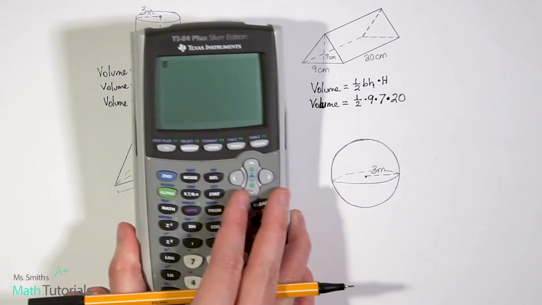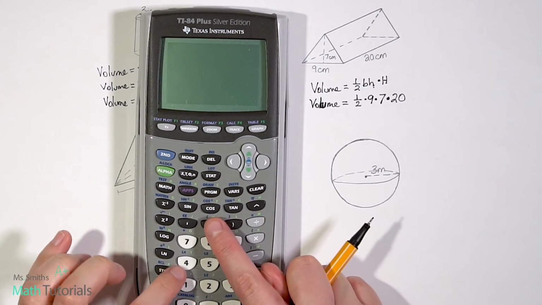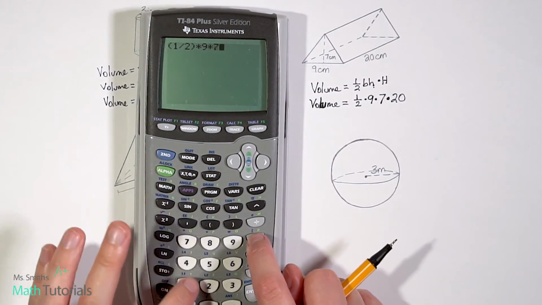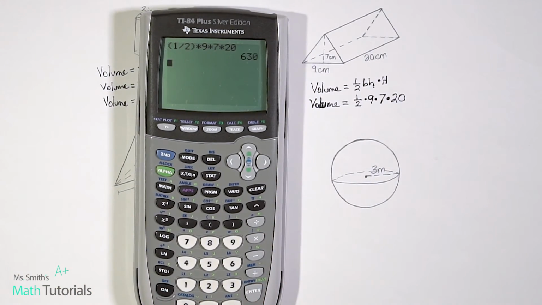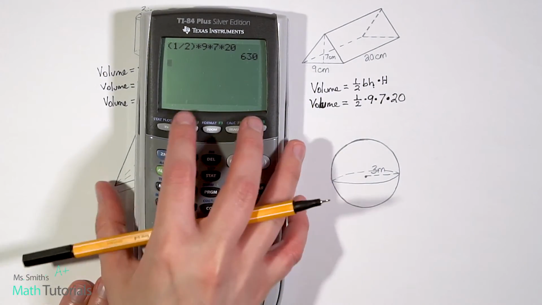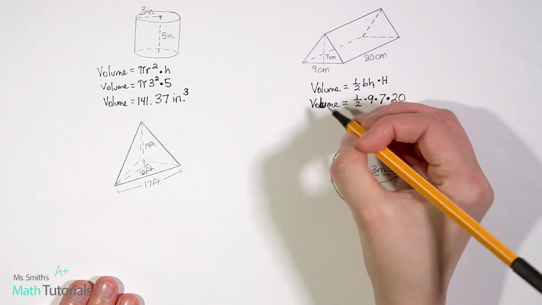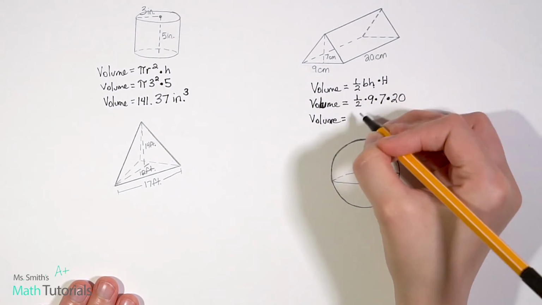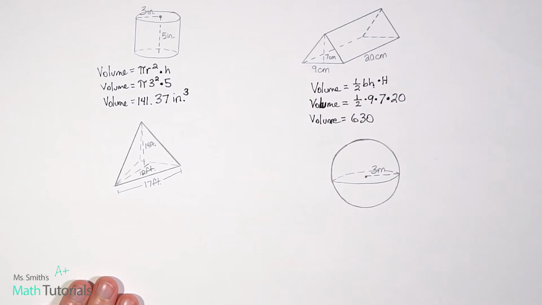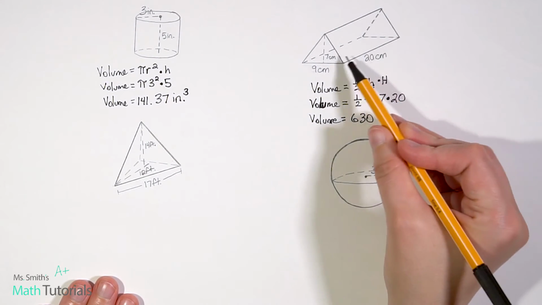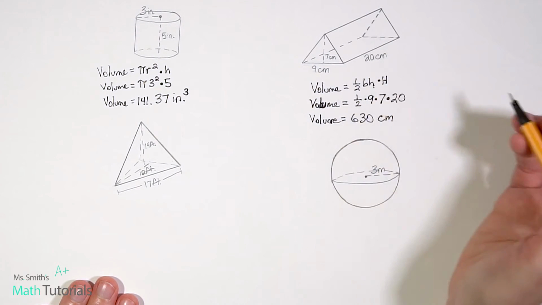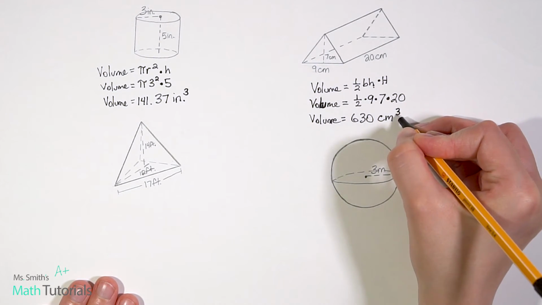Okay, so at this point, we'd want to bring our calculator out. So we have our 1/2 times 9 times 7 times 20. And that gives us 630. So we would say our volume is 630, and then we always want to look at the units. So we're talking about centimeters, right? Centimeters, and this is a 3D shape. We're finding volume, so we say centimeters cubed.